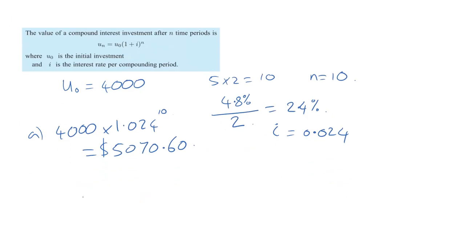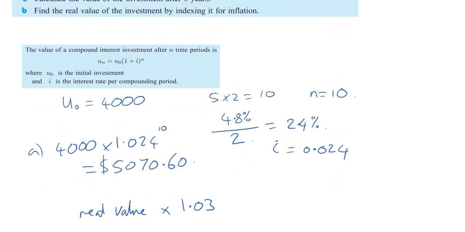So to do this, let's think about this, right? That real value that it's worth, well, if we multiply it by 1.03, and that is with our inflation being at 3%, so you can see where that 1.03 is coming from, but to the power of 5 for 5 years, we know that that is going to come out at our answer from part A.